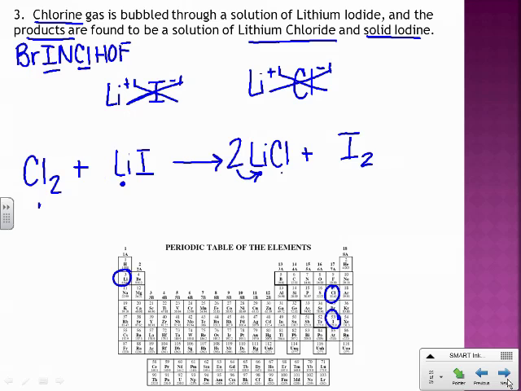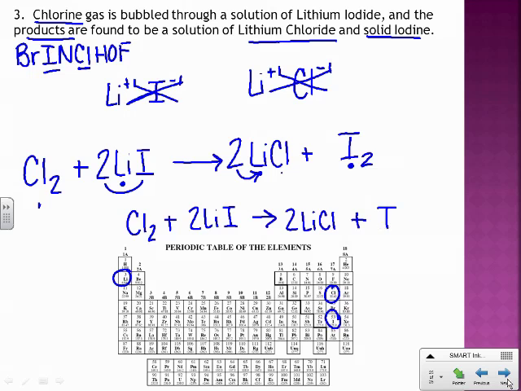So I need to put a 2 right here. Now you need to check with iodine. If I have 2 I's here and I have 2 I's here, this equation is completely balanced. So your final chemical reaction here is Cl2 plus 2 LiI makes 2 LiCl's plus 1 I2. And there is your final balanced equation.